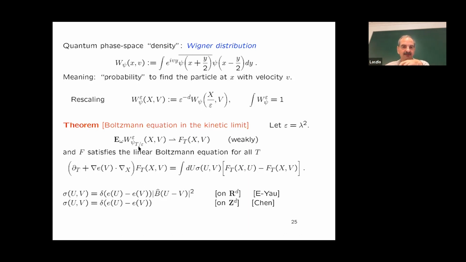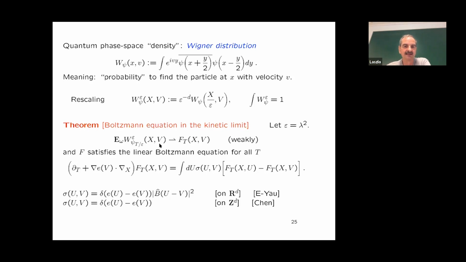Now, if you go up to the time scale, so read it from here. You take a wave function psi, which evolves up to a time scale of order 1 over epsilon. Epsilon is lambda squared in the kinetic situation. Then you evolve the true Schrodinger evolution. You take its Wigner transform, and then you take the expectation with respect to the randomness. This you can remove later on.